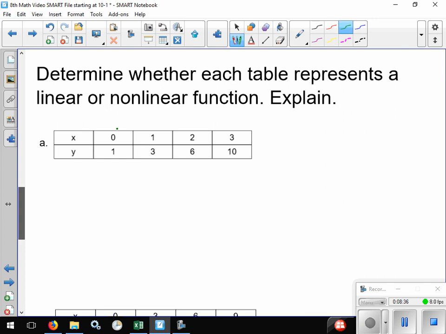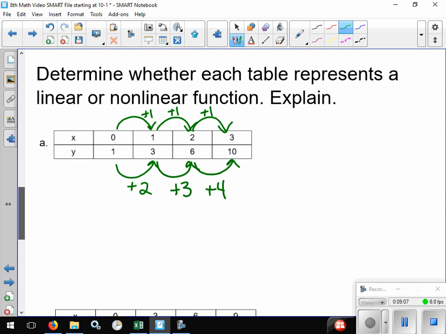So we go from 0 to 1, well, that's plus 1. 1 to 2, that's plus 1. 2 to 3, obviously, plus 1. Cool, easy. All right, now y, on the other hand, goes from 1 to 3, that's plus 2. Okay, and then 3 to 6, well, that's plus 3. And then 6 to 10, that's plus 4.